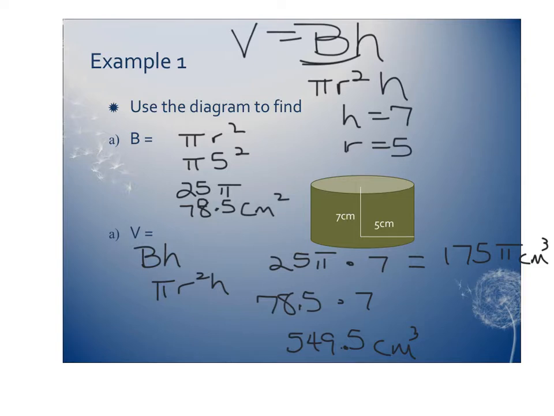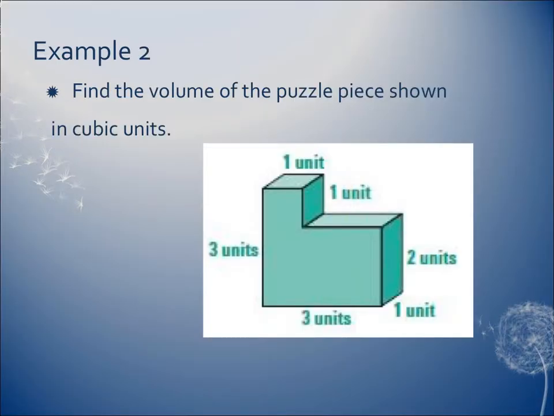Here, where we're going to apply that, we're going to think of this as a complex figure. And I can divide this into two smaller figures. So I could put a dividing line right here, and I can find how many cubes are in this top little cube here, and it's got a volume of 1, which is 1 times 1 times 1.